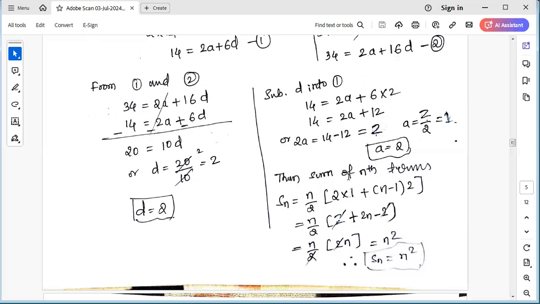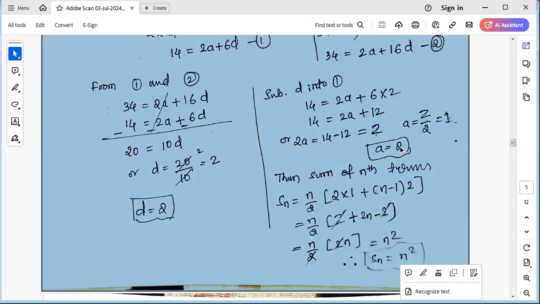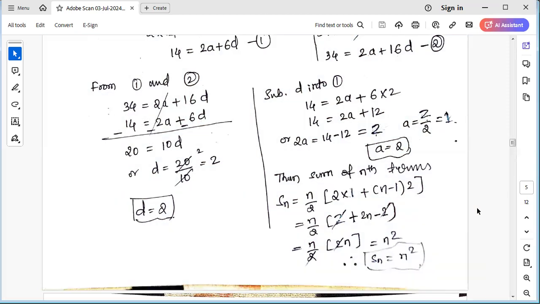Then go to the sum formula as Sn. Sn is equal to n by 2 into 2a. a is 1, not 2. It was wrongly typed. So it is 2 into 1, which is 2, plus n minus 1 into 2. So this is equal to n by 2 into 2 into 1, which is 2, plus multiply this here, it is 2n minus 2.